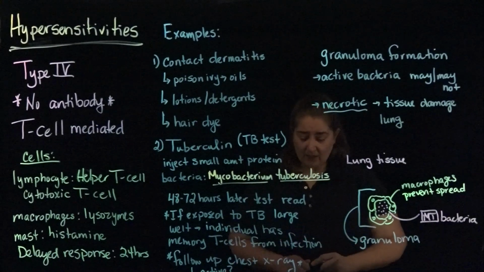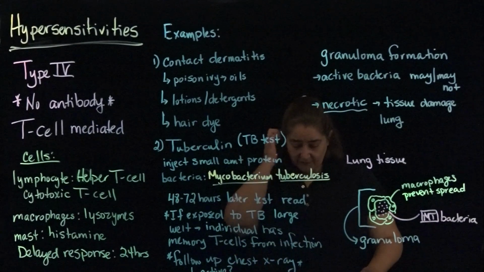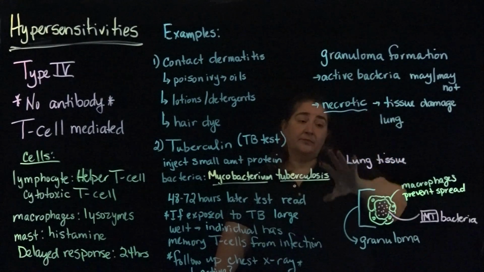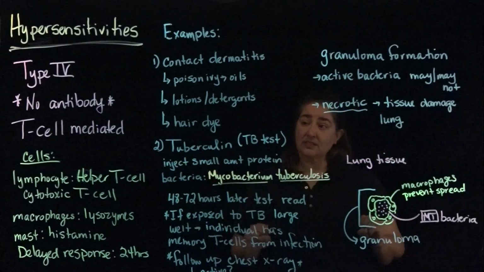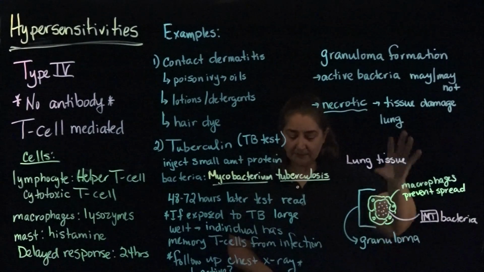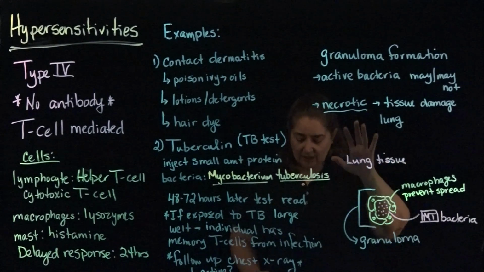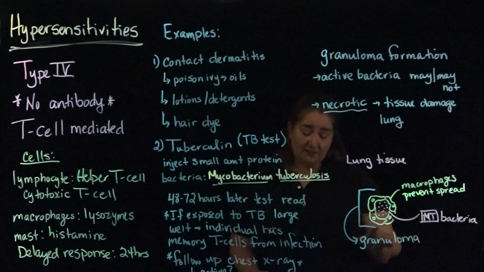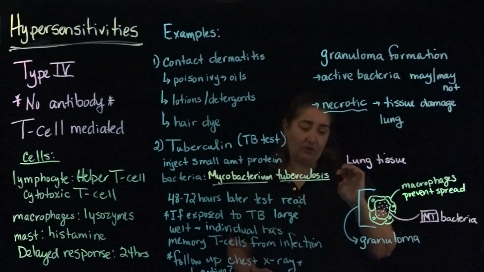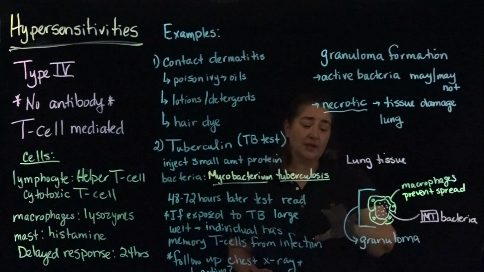okay? So the example that I have with the granuloma, all right, granulomas are associated with a type 4 hypersensitivity in this case. The macrophages build up and kind of encase the infection. That can be seen on an x-ray.